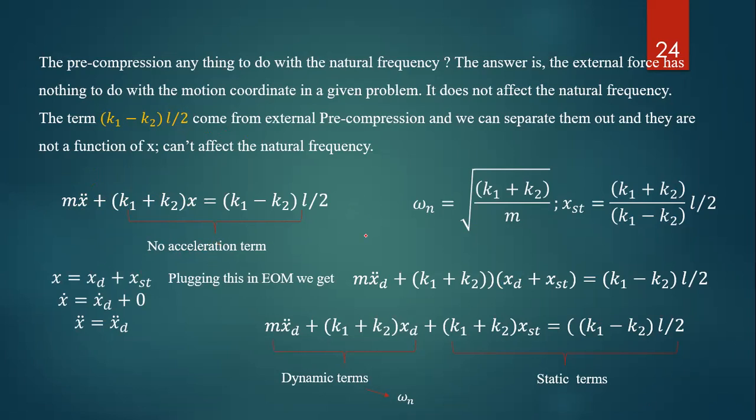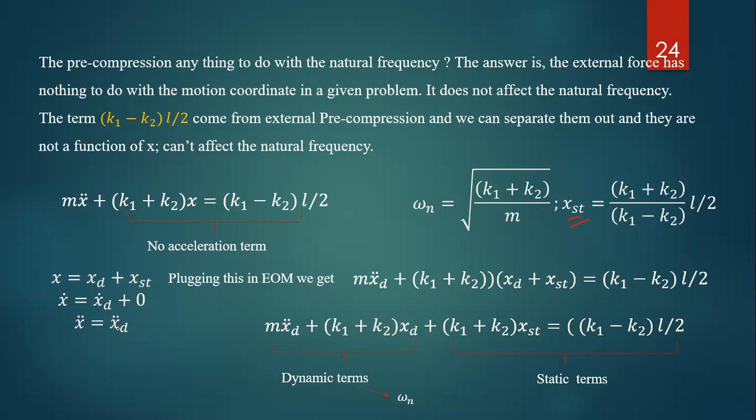So that part is taken for the static deflection test. This (k1 plus k2) x equals (k1 minus k2) L over 2 is the static deflection condition. We consider the total x to be the dynamic deflection plus the static deflection. When we differentiate, this gives the dynamic derivative, but the static derivative will be 0, since it is constant.